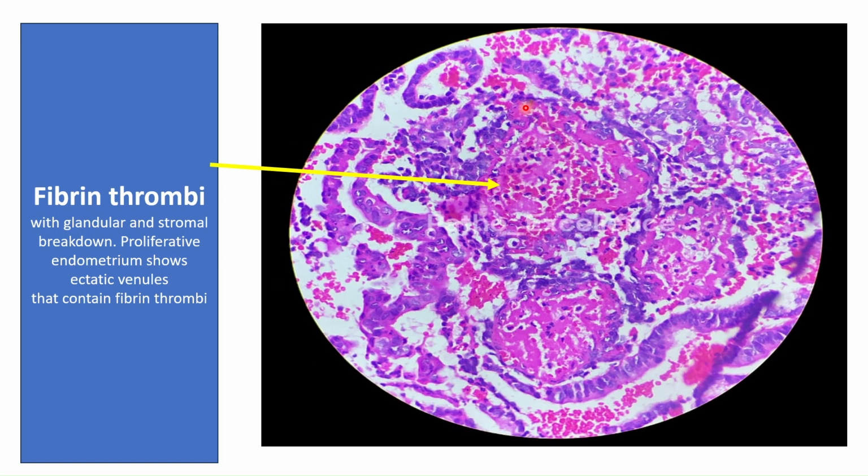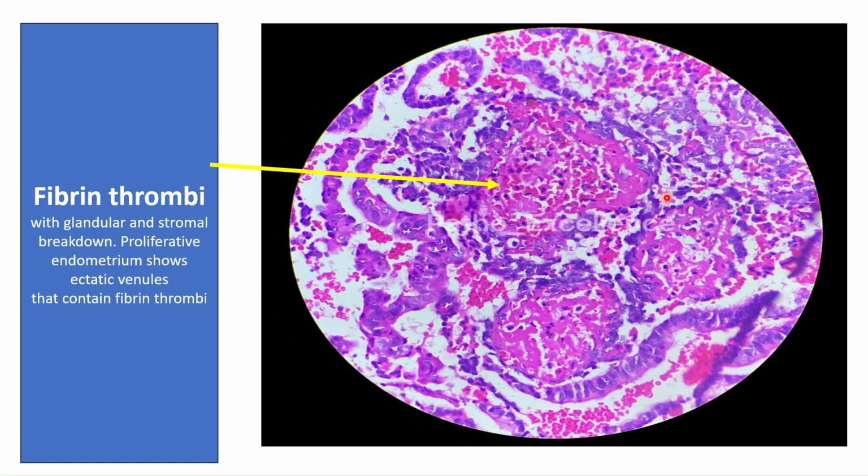Fibrin thrombi. So in this section, weak proliferative glands are present. Some are broken, but the major feature is ectatic venules comprising thrombi in the lumen. So these are fibrin thrombi comprising RBCs, WBCs and fibrinous material.